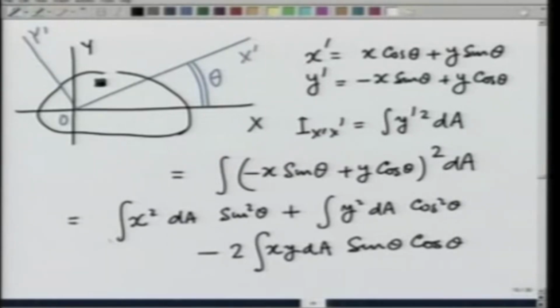But integral x square dA is nothing but I yy. Integral y square dA is nothing but I xx, and integral xy dA is nothing but I xy.